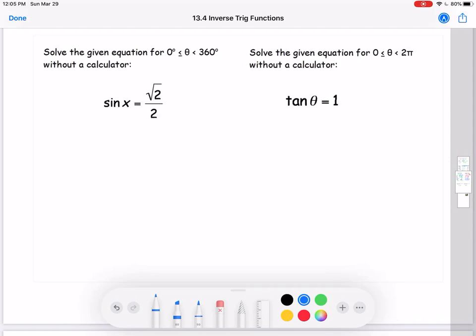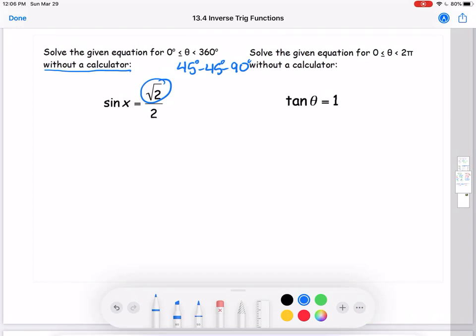Very similar. Now we have two things that say without a calculator. That usually means that they're going to be unit circle types of questions, those special triangles. Okay, so when we think about our special triangles, if you're getting a root 2, you should be thinking this is a 45, 45, 90 triangle, right? Hopefully all of you are familiar with root 2 only happening in the 45, 45, 90 triangle.